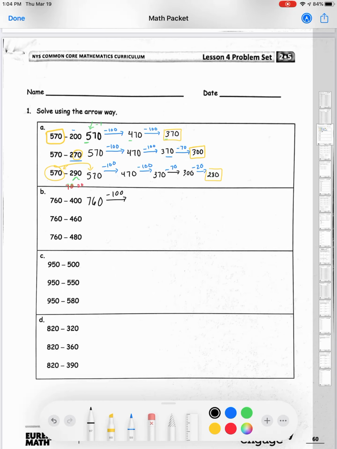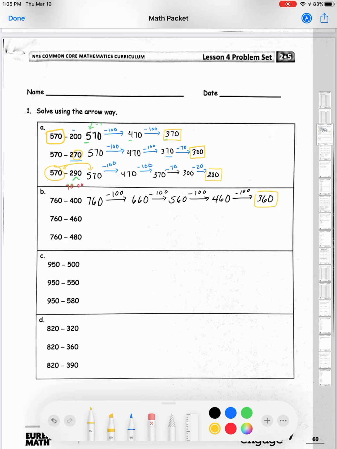That would give me 660, 560, 460, and let's see, 100, 200, 300, another 400, and that gives me 360, and that right there is my answer.